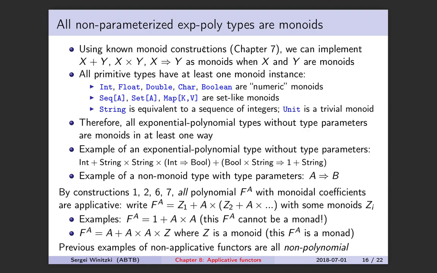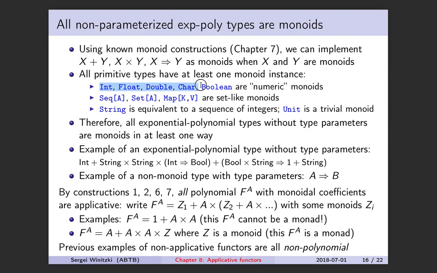We had monoid constructions in the previous chapter, and I could have made this observation already in the previous chapter, that these three constructions give new monoids out of previous ones, and also that all the primitive types, integers, floating points, and so on, sequences, and strings, and unit, all of these types have at least one way in which they can be implemented as monoids, as instances of the monoid type class.